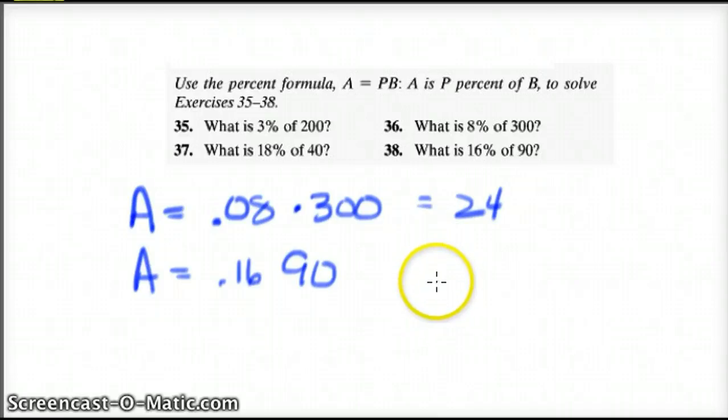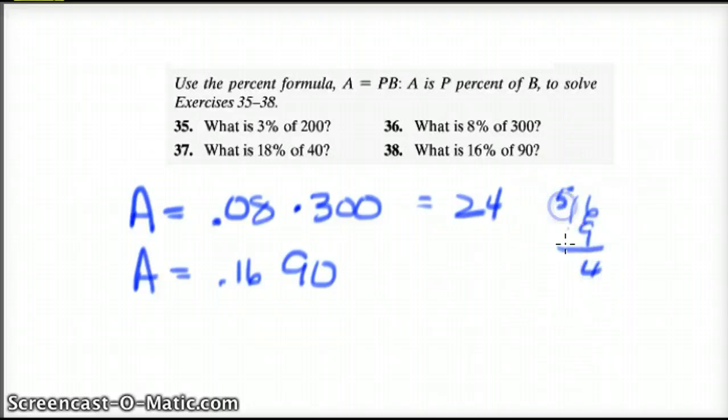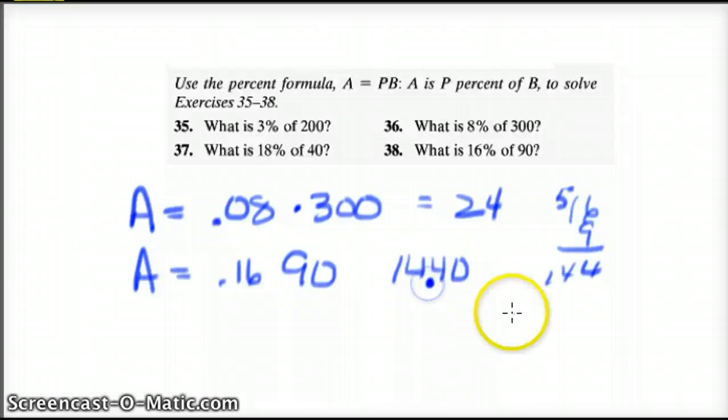You'd have to multiply that on the calculator. All right, 144. So 1440, but we're going to move the decimal 2 places back. So the answer would be 14.4. What is 16% of 90?